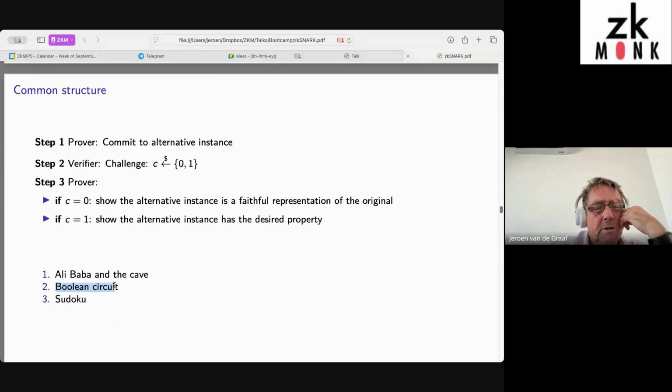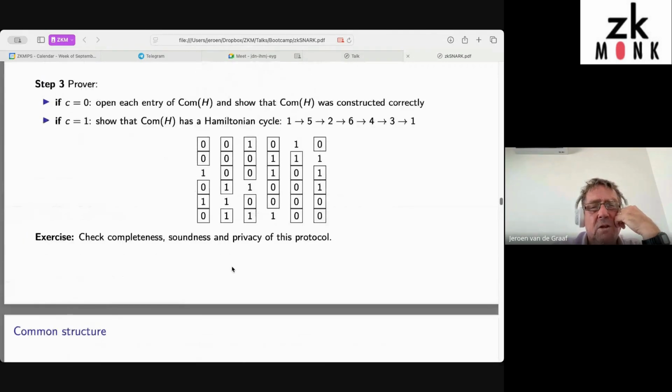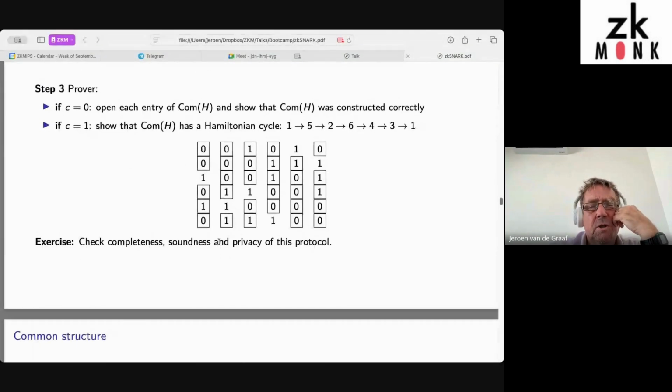There has been an important result by my supervisors, to which I also contributed. Because what I do here for Hamiltonian cycle, you can actually do for Boolean circuits.